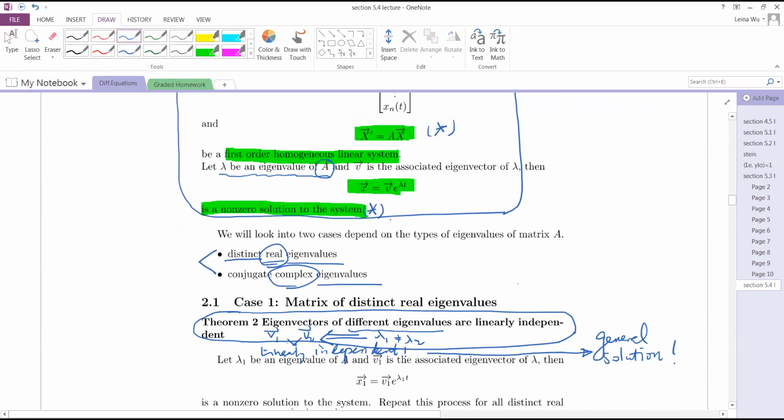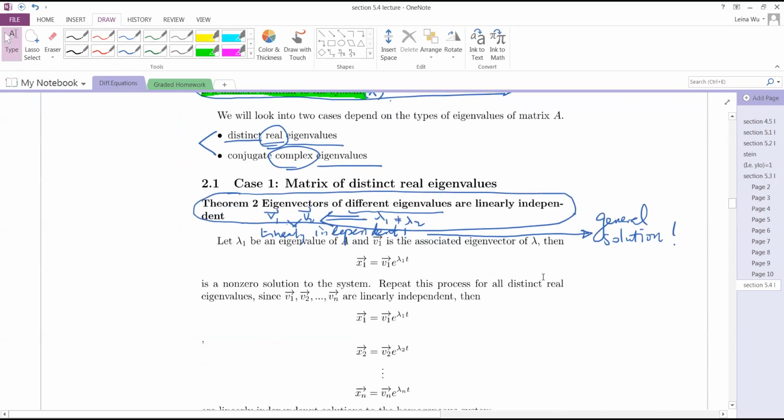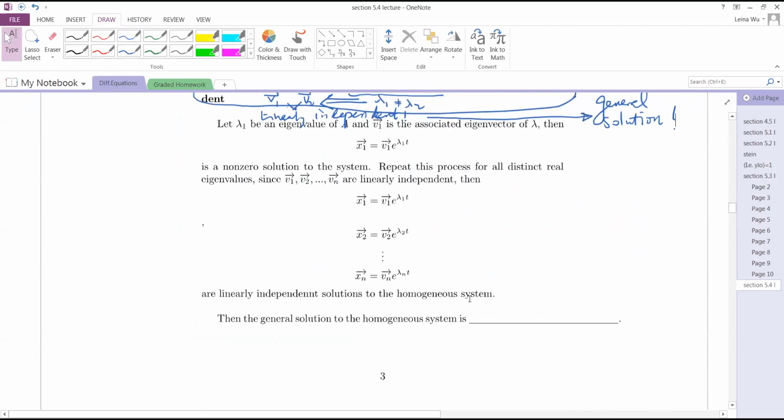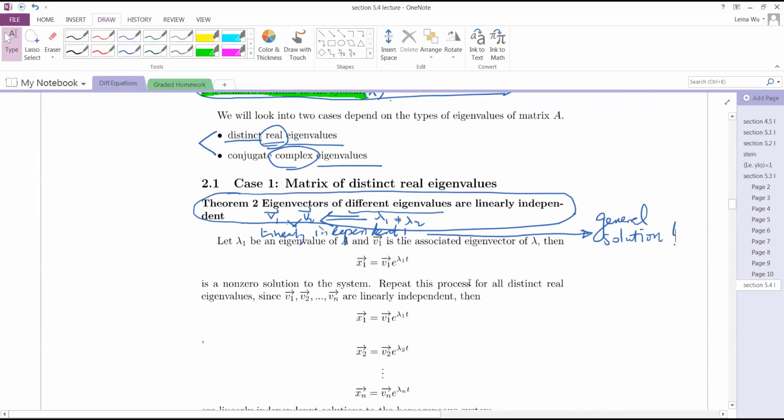So in case 1, if you have a matrix with distinct real eigenvalues, how do we find the general solution? This is the method for case 1. I'll give you a few minutes to read through it.